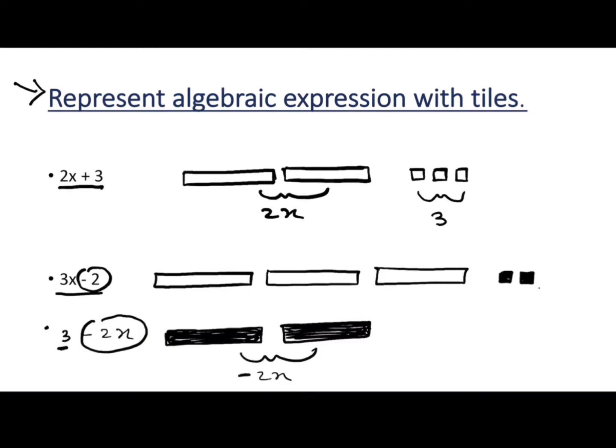The constant we have is 3, that is positive, so simply 3 squares, so this represents constant 3. This is how we use models to express algebraic expression.